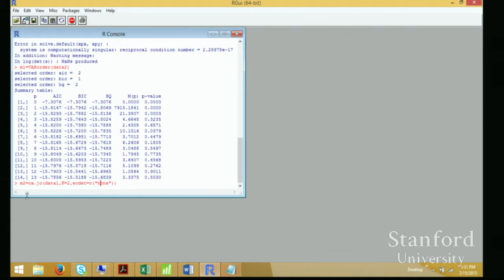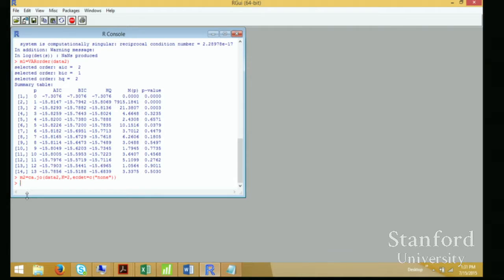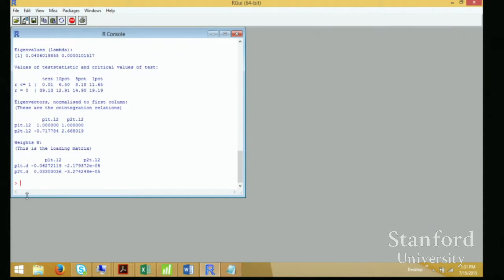To make it change to data 2. I think use the summary of M2. So that's what you get here.